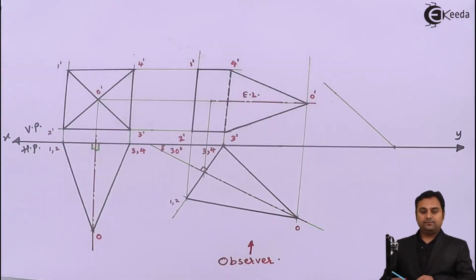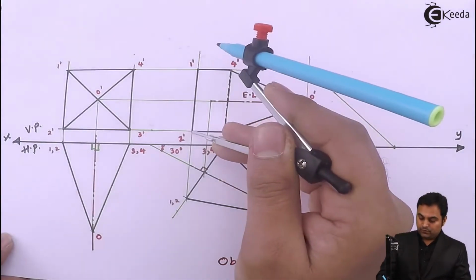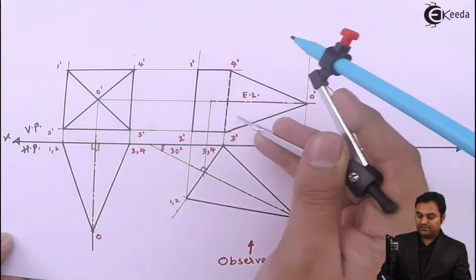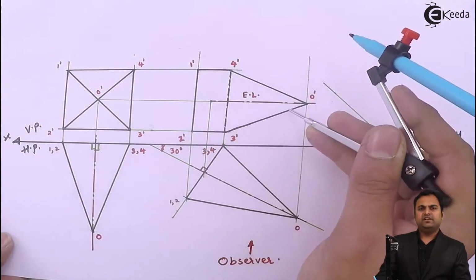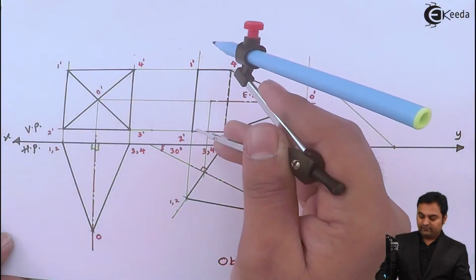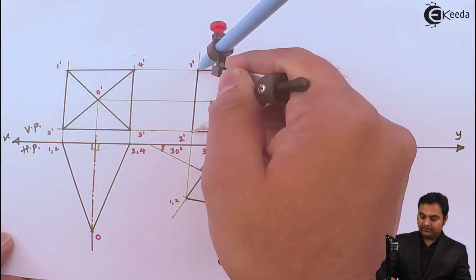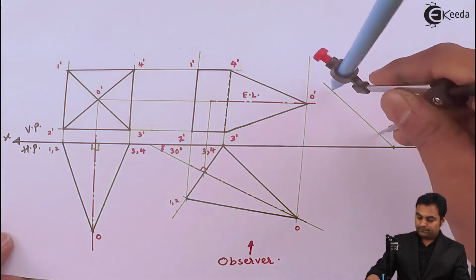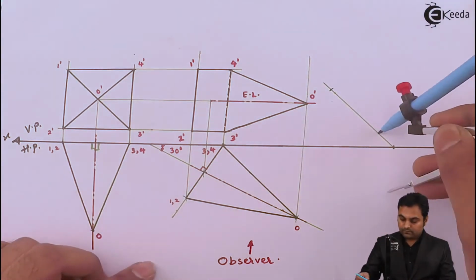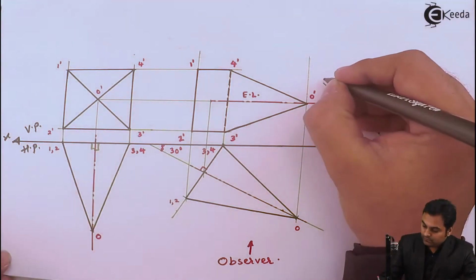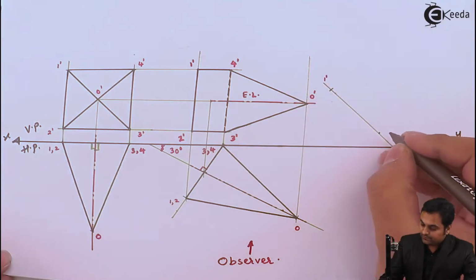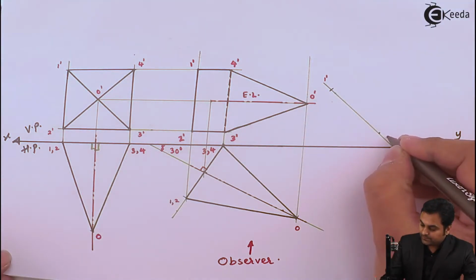Now over this line, I'll draw the base, for which I'm going to copy this entire pyramid which is there in the front view, inclined at 45 degree. That is, the base is inclined at 45 since the axis is also at 45. This is 1 dash, and here there is 2 dash.